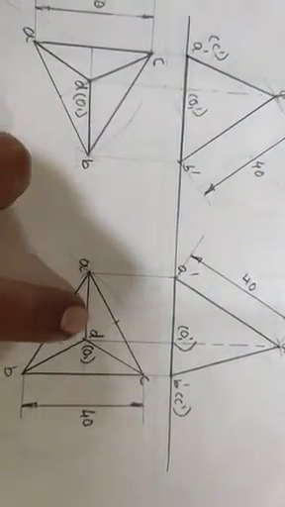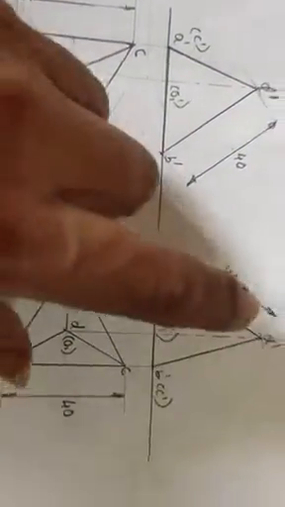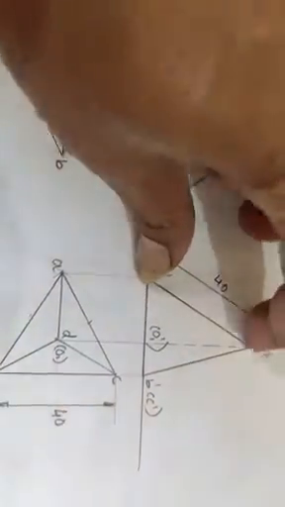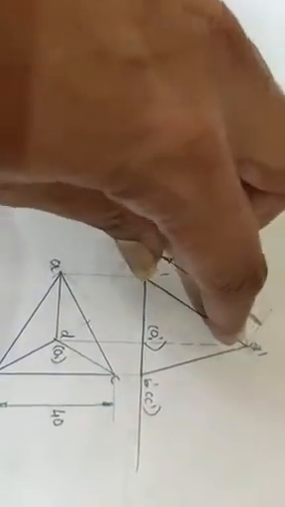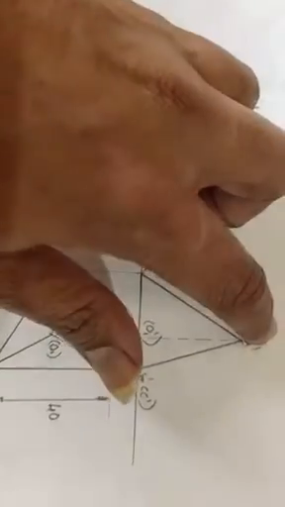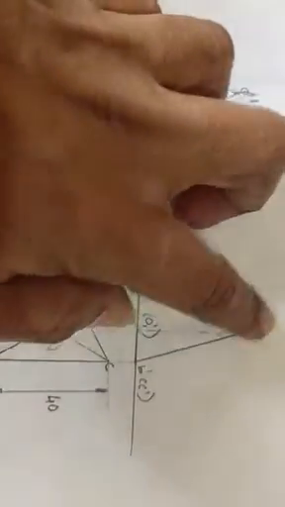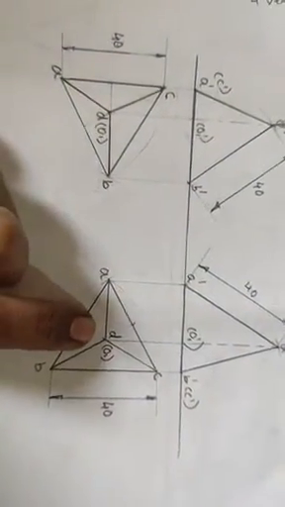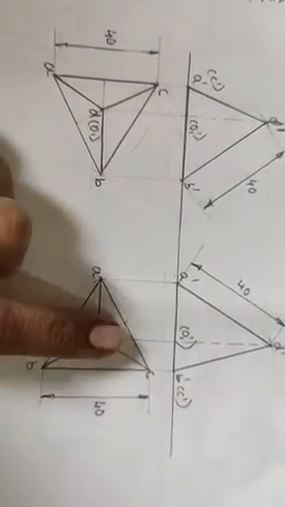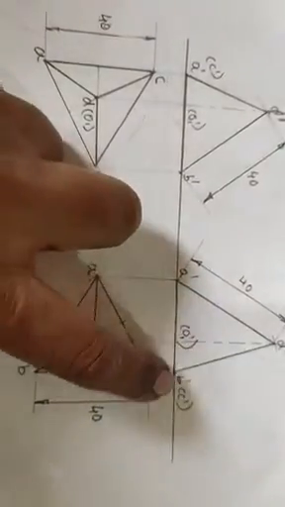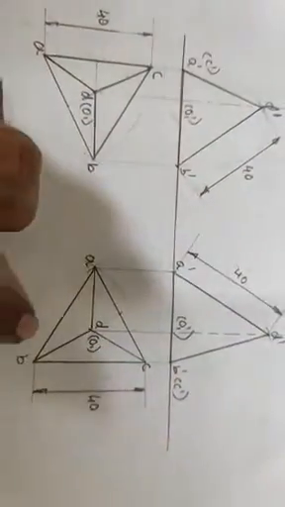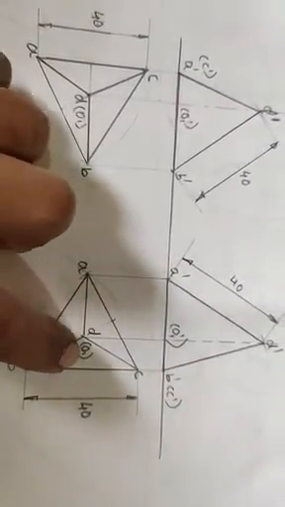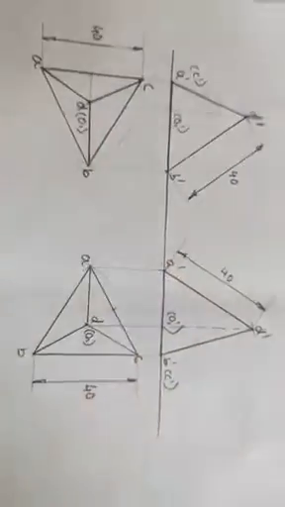AD is parallel to the vertical plane, so that has to appear in true length. So you take 40 mm length, keep it on A and cut the axis line. So you get point D. Complete this triangle. The triangle visible to you in the front view is A dash, B dash, D dash. Exactly behind B I have C, so C dash will be in brackets. The lower base point O1 dash is in brackets.